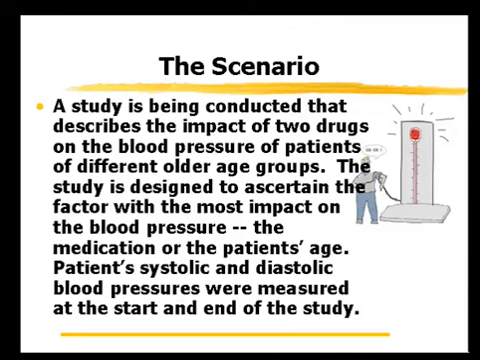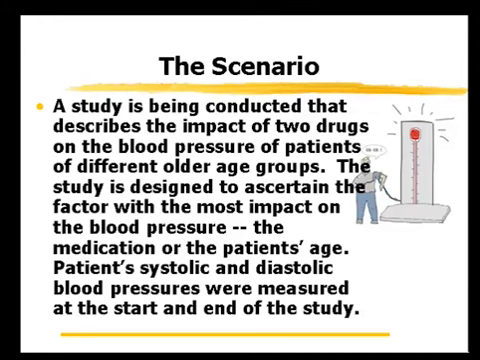First of all, it is being conducted on two drugs and different older age groups. Now, we have one variable which is at the categorical level of measurement, and that is the type of drug. And the older age groups infer that the patients have an ordinal, at a minimum, level of measurement.